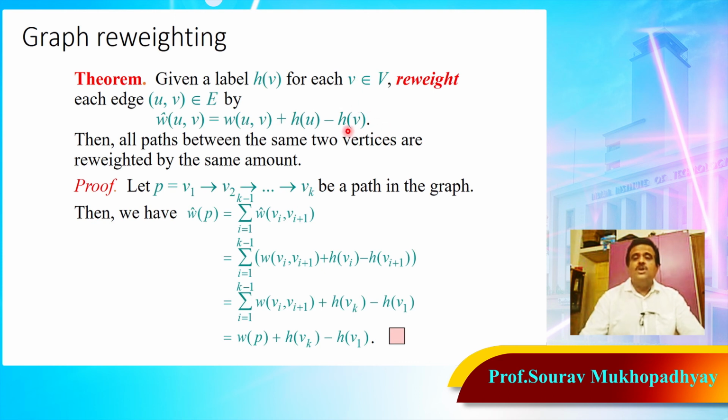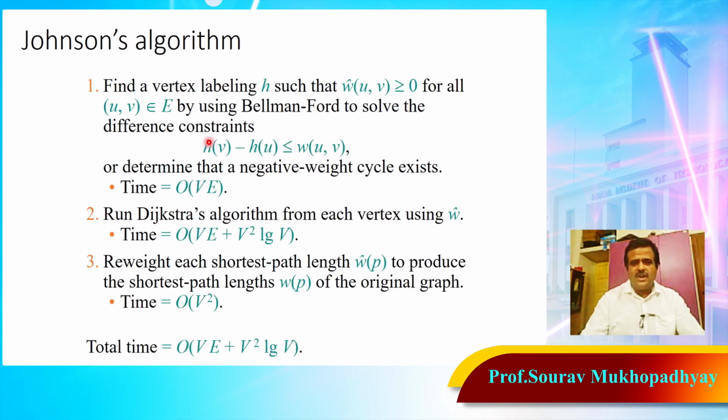So Hv minus Hu must be less than or equal to Wuv, and we can find this h by Bellman-Ford, because this is a system of linear constraints. So we can construct the constraint graph, and using Bellman-Ford we can get this h.